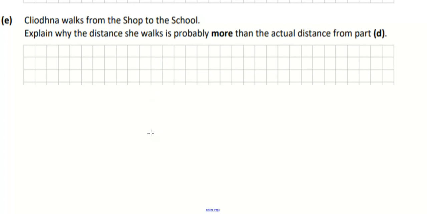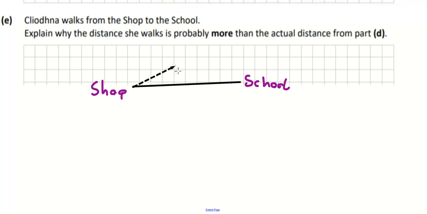You could say if you had a shop on the map, the shop could be here and the school could be here. And you could think that you could go straight across like so. But there might be roads. So certain roads means that you could end up going this way if you take the roads to school. So there's no guarantee there's a road going straight from the shop to the school.